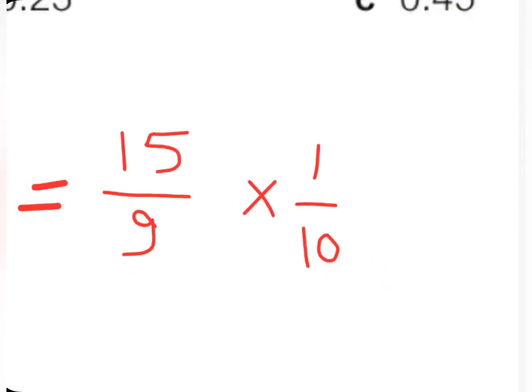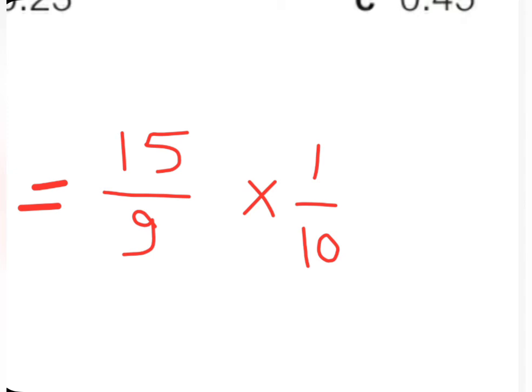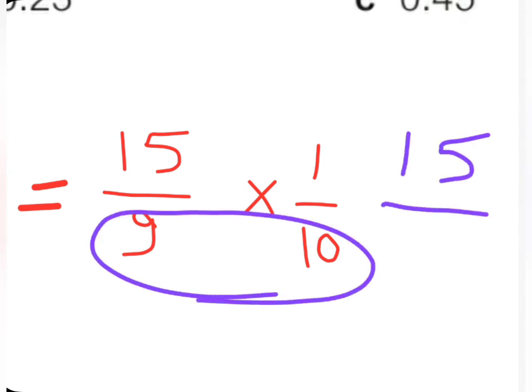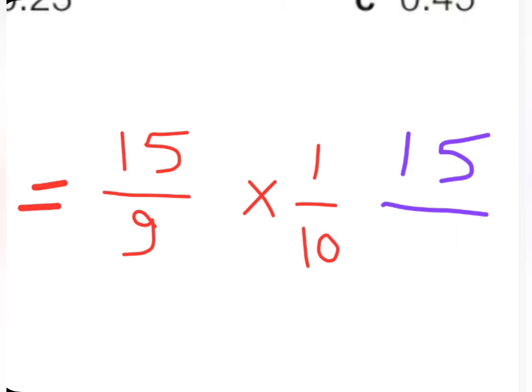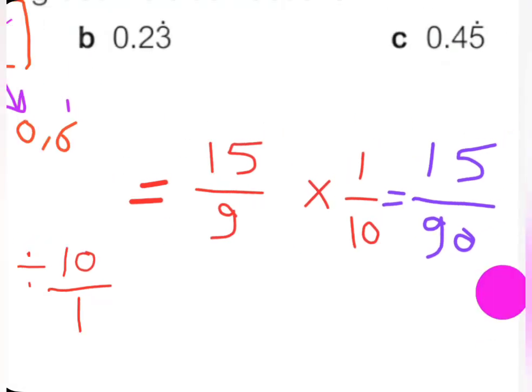Now 15 times 1, so you multiply the numbers on the top, you get 15, and 10 times 9 equals 90. So you got 15 over 90. Now you have to divide them to simplify.